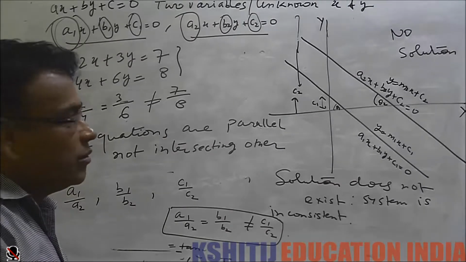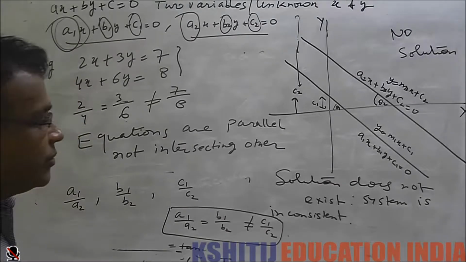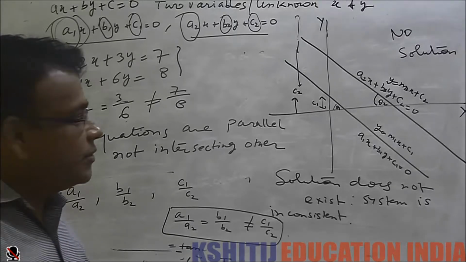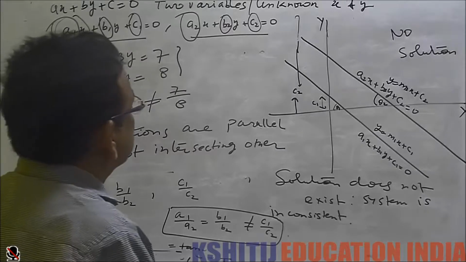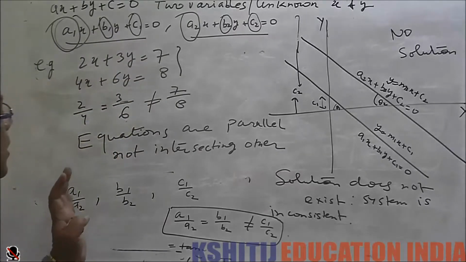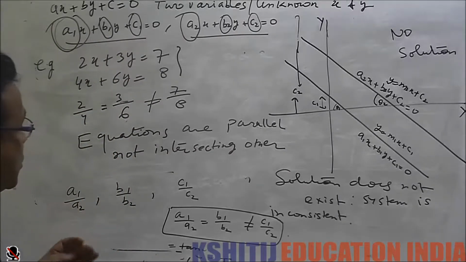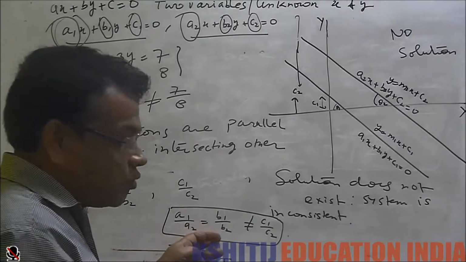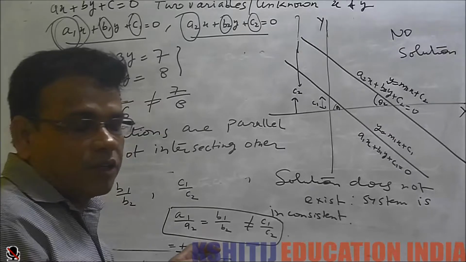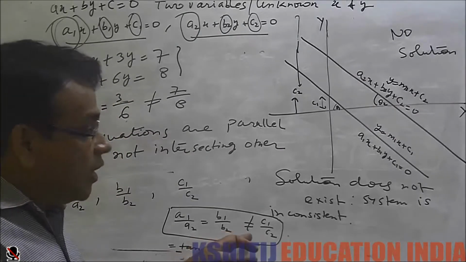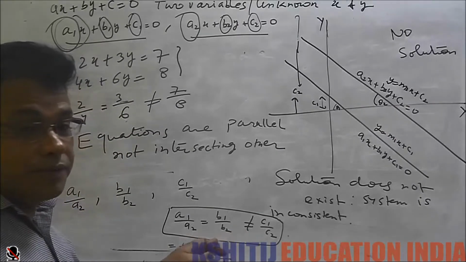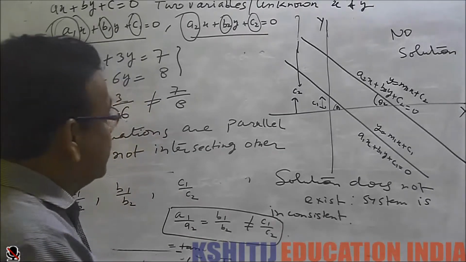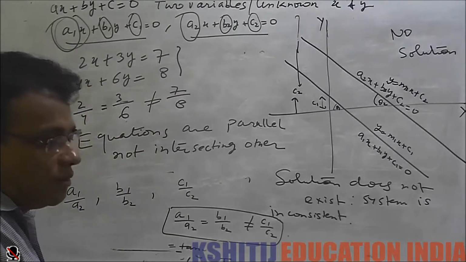Now we have discussed no solution. Now another part is solution exists. So this is clear now. See, what we have to check is that the ratio of the coefficient of x has to be equal to the ratio of the coefficient of y, and should not be equal to the ratio of the constants. Fine.